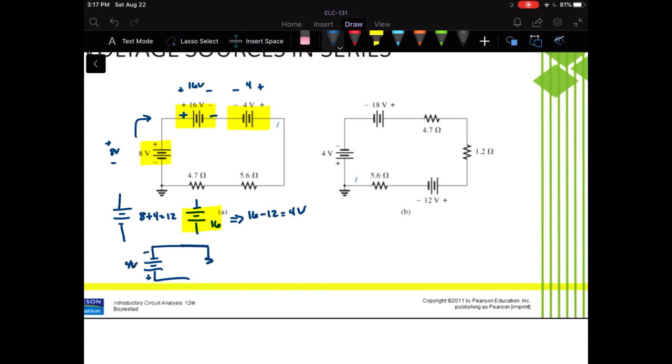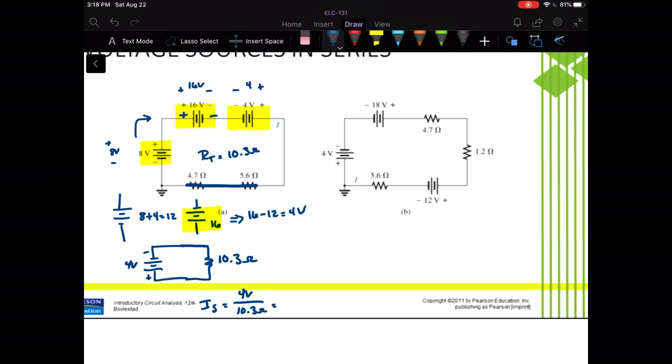Then my resistors I'm going to combine. I've got 2 resistors here, so RT would be 4.7 plus 5.6, or 10.3. I sub S would be 4 volts divided by 10.3.